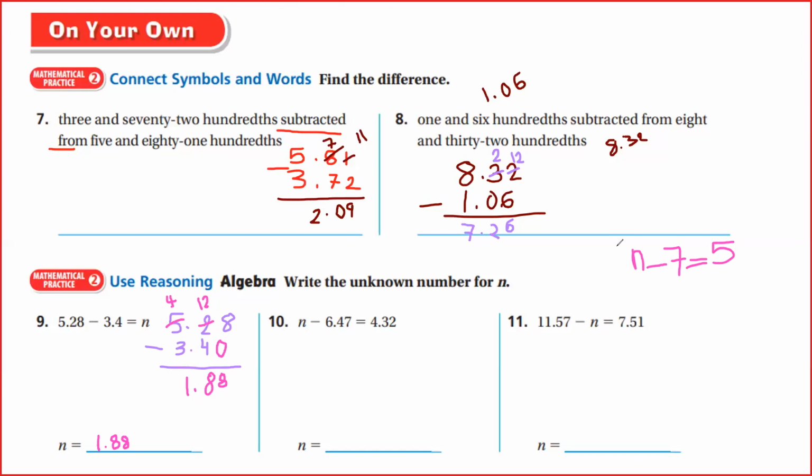You will ask yourself, what is the number that when I subtract 7 from it, I get 5? What will the number be? It will be 12, because 12 minus 7 is 5.